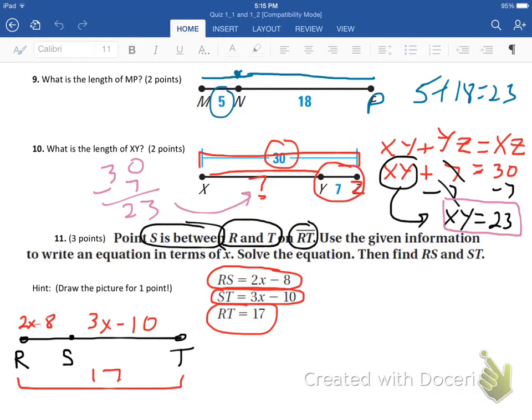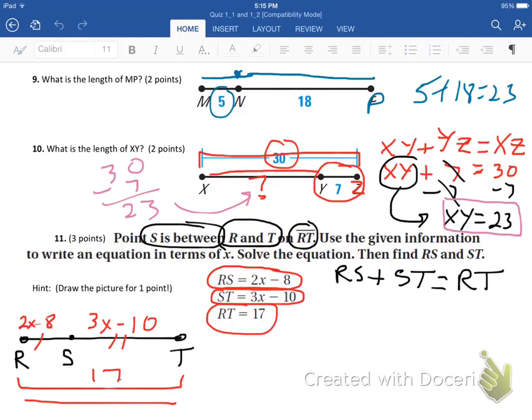And just like the previous two examples, we know this piece plus this piece equals the whole thing. So let's write that down. RS plus ST equals RT. It's called the segment addition. You can add the two pieces to make a bigger piece.